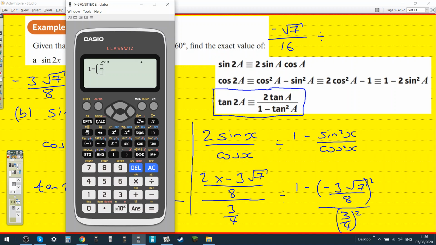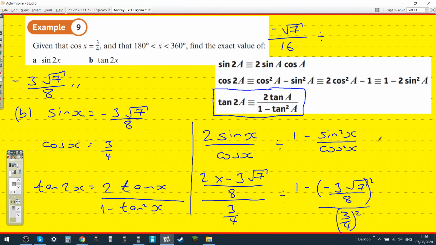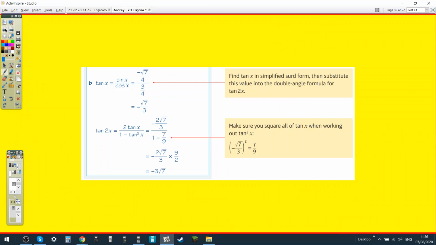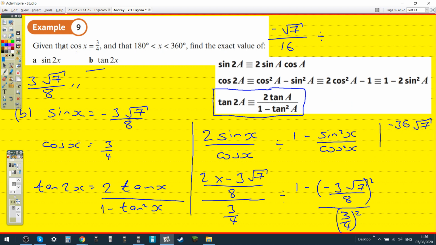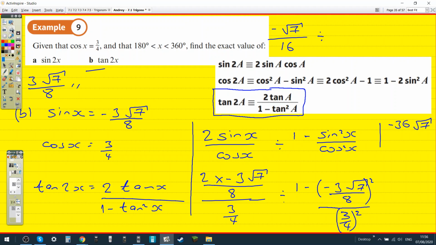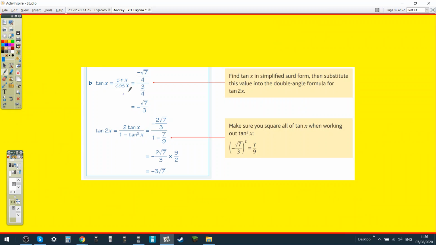I got minus 36 root 7. Okay, minus 36 root 7, and that's for tan 2x, quadrant. It's in the tan quadrant, so will it just stay that way? That means that tan is positive, so is it 36 root 7? So I think it'll be 36 root 7. And we just put it in wrong somewhere in our calculator.